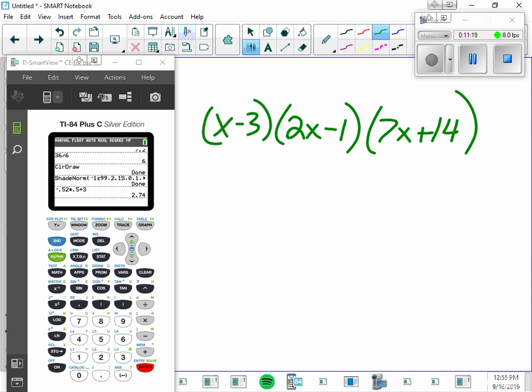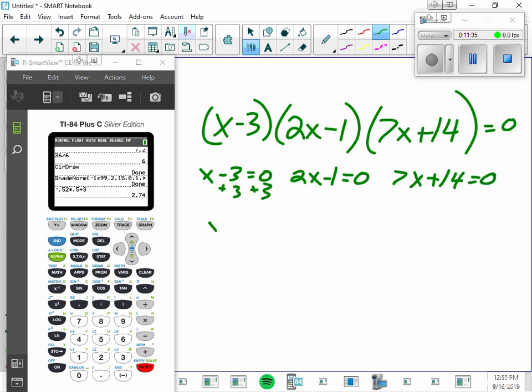Okay. What if I had this equals 0? I just have 3 answers. So I need to write x minus 3 equals 0, 2x minus 1 equals 0, 7x plus 14 equals 0. Well, the first one, I just add 3. The next one, I add 1 and then divide by 2.